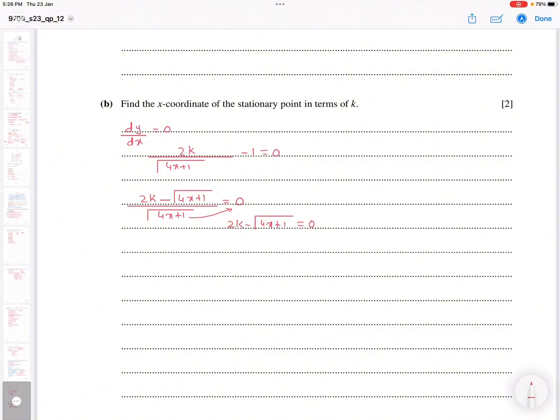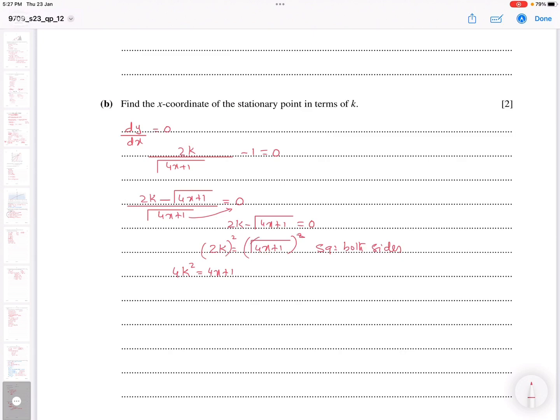Now what should we do? So 2k is equal to the square root of 4x plus 1. Now squaring both sides, it will become 4k squared is equal to 4x plus 1.